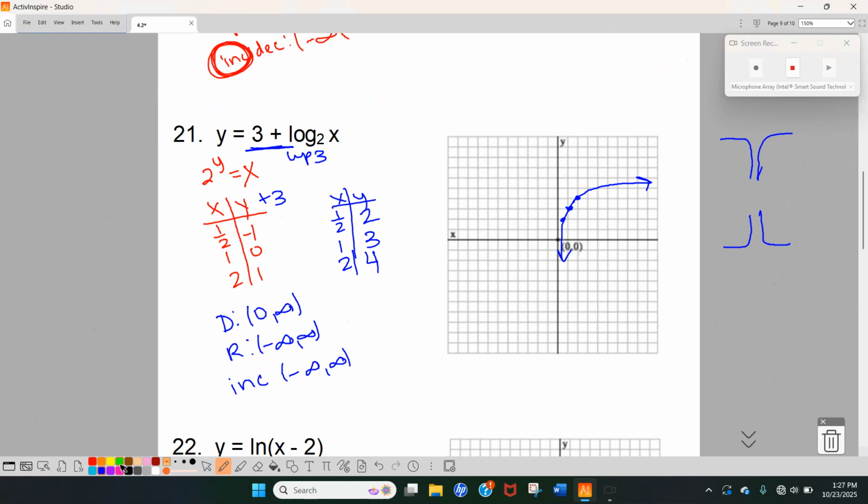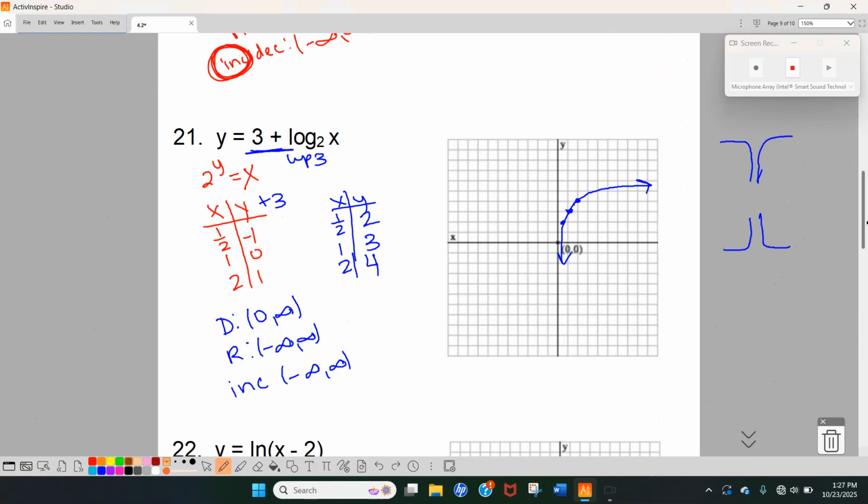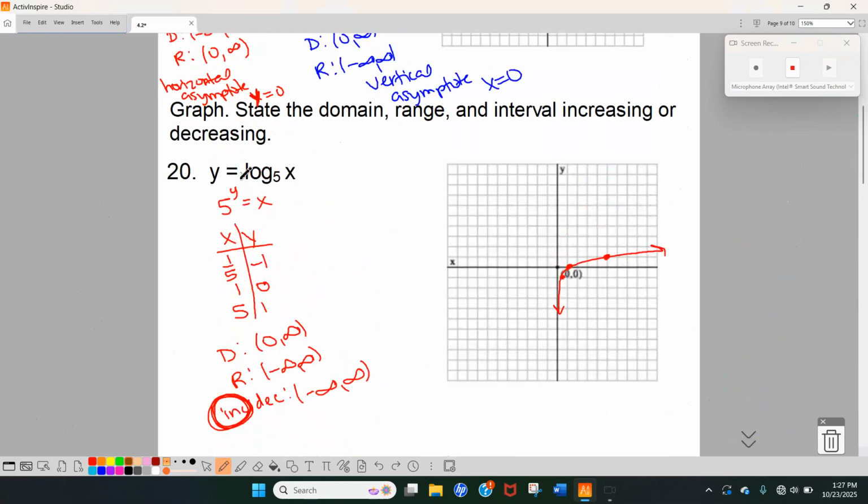Actually, let's go back up to the top one because there's more going on there. If this had a negative right here, then these would be the same, but they would all be negative, and so your graph would look like this.